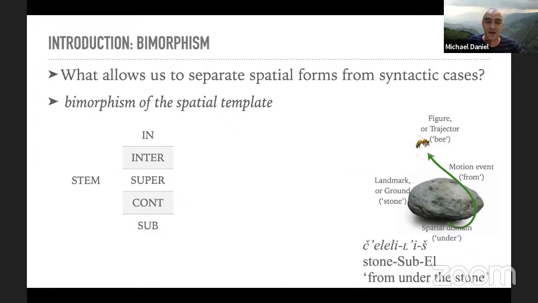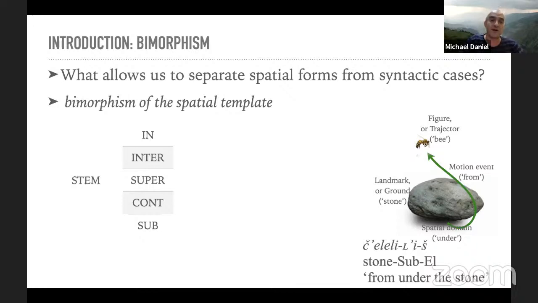So instead of SUB in the first position of the template, you can have the suffix which is glossed as IN, or inside a hollow object, or INTER, inside a substance like in the water. IN would mean something like in a box. INTER would mean something like in the water.